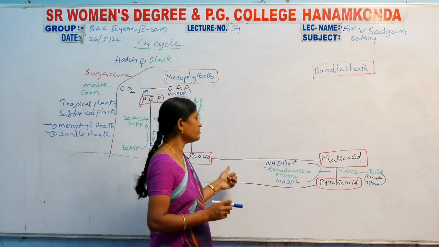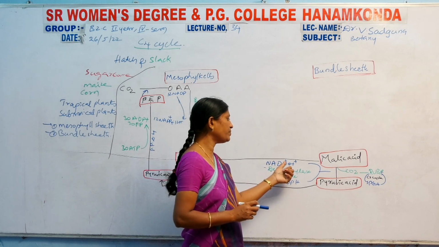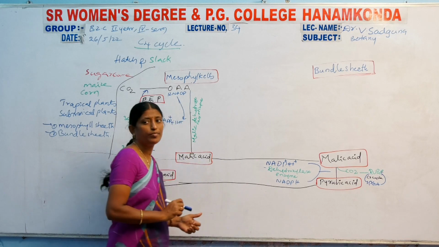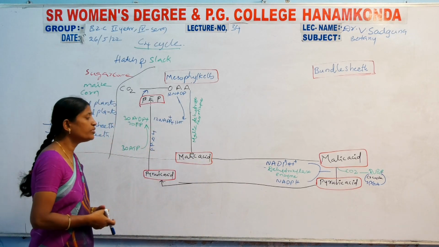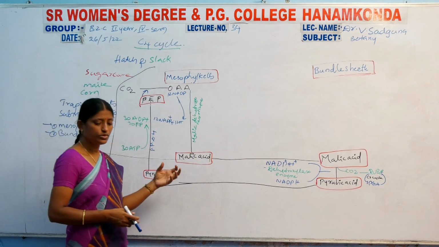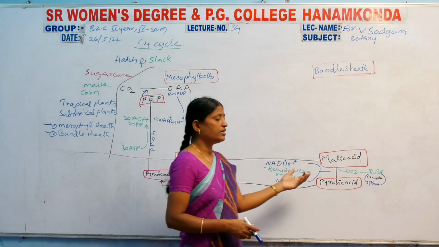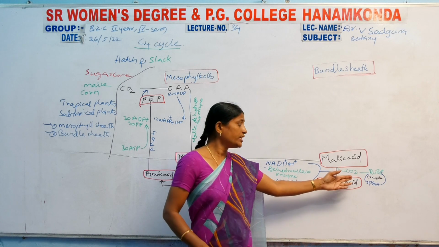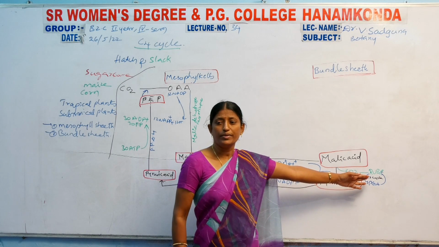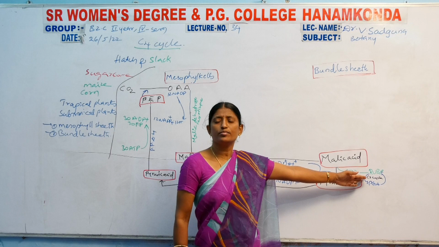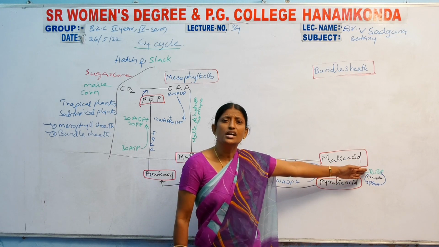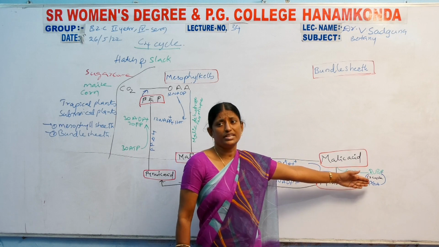Then it has the involvement of NADP plus H plus. Moreover, it is utilized into carbon dioxide. Then it converts into RuBP, because the carbon dioxide gives the C3 carbons present in RuBP, ribulose bisphosphate.